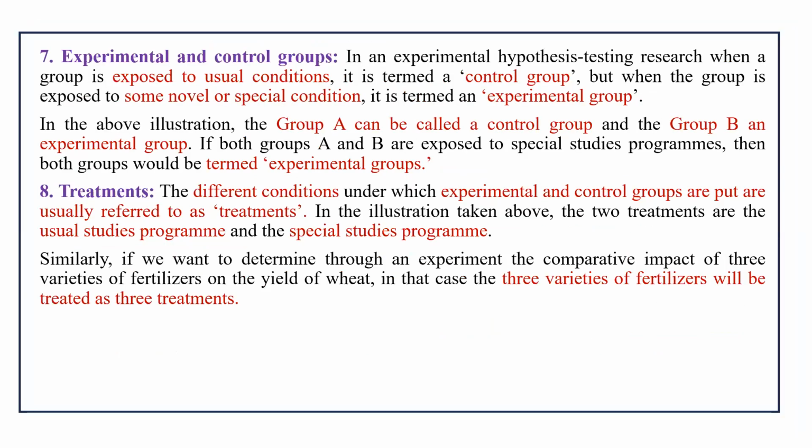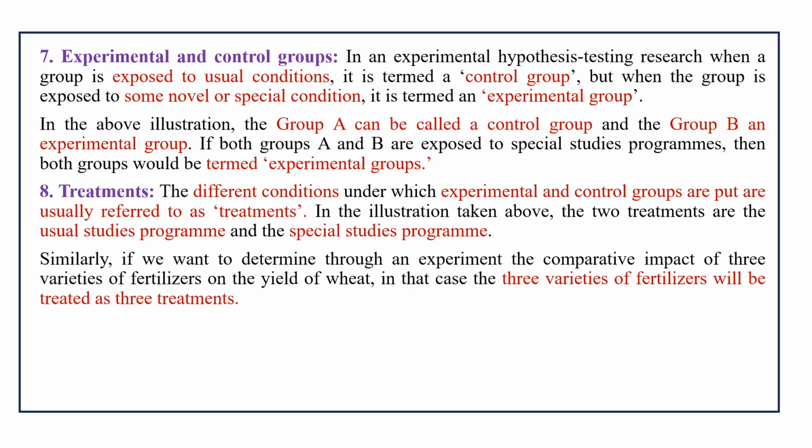Then the next concept you will come across always is the experimental and control group. The experimental group is the group where a special or novel treatment is given, or a novel condition is provided, and the control group is exposed to the usual, normal conditions.